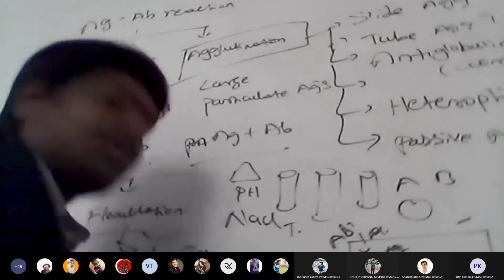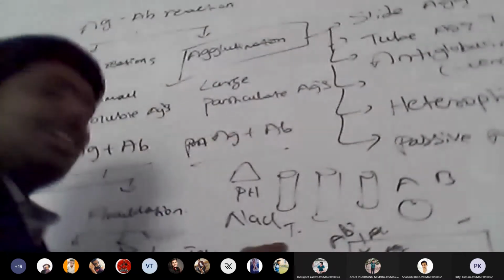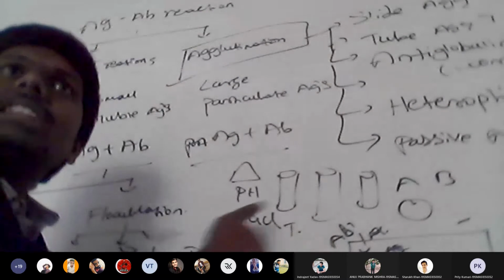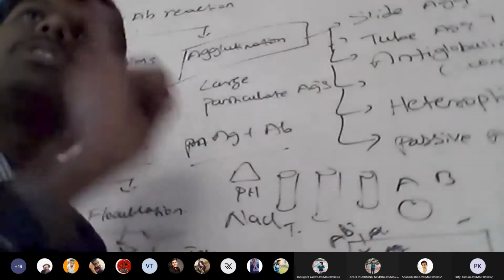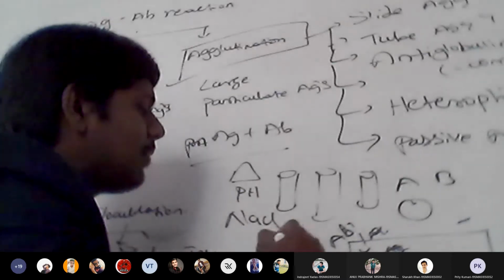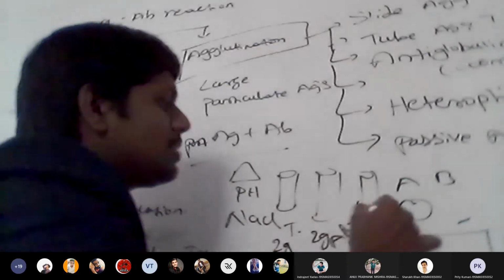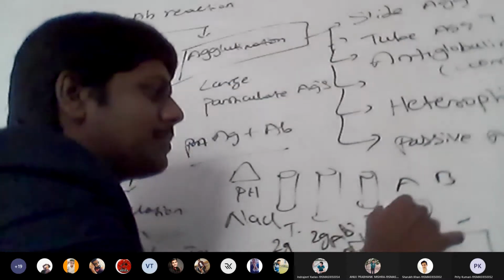How will I know that the patient has 2 grams of antigen? I will know it like this. I will take 3 test tubes. In all 3 test tubes I will keep the same amount of antibodies, maybe 2 grams of antibody in each test tube.